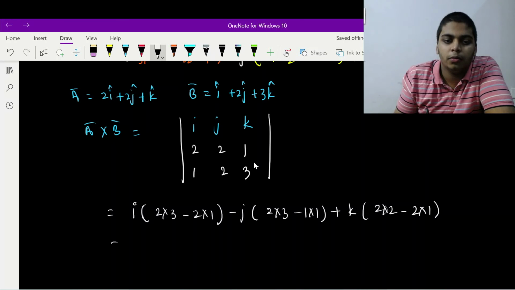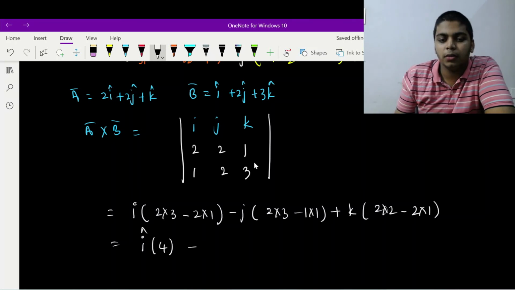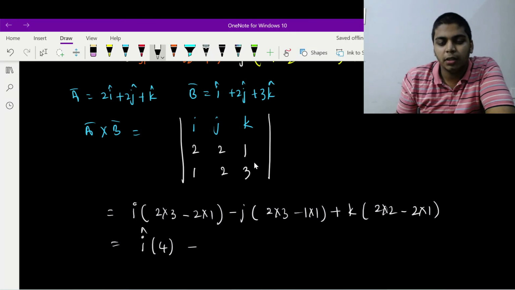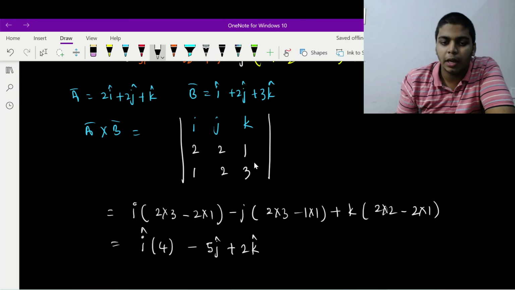So that would be i of 6 minus 2 is 4, 4 i cap, minus 6 minus 1 is 5, so minus 5 j cap, plus 4 minus 2 is 2, so 2 k cap. So that would be 4 i cap minus 5 j cap plus 2 k cap. So your a cross b is this.